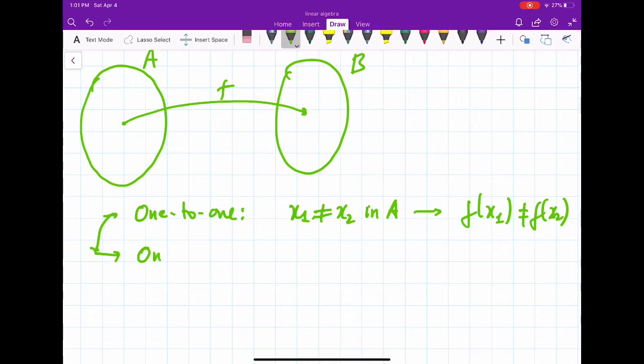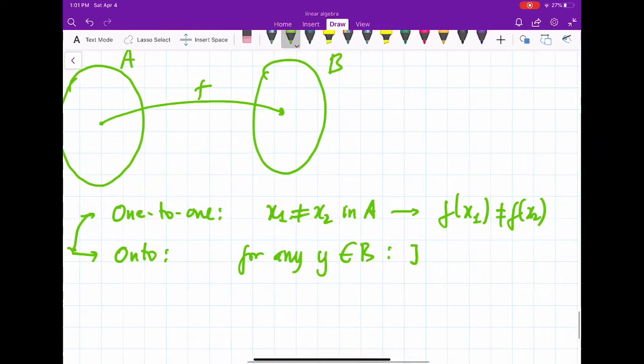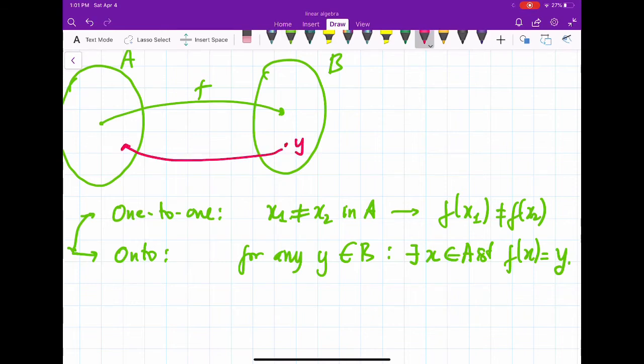Let's say onto if for any y in B there exists an x in A such that f of x equals y. That means for any y in this set B, you can find a pre-image x of y right here.